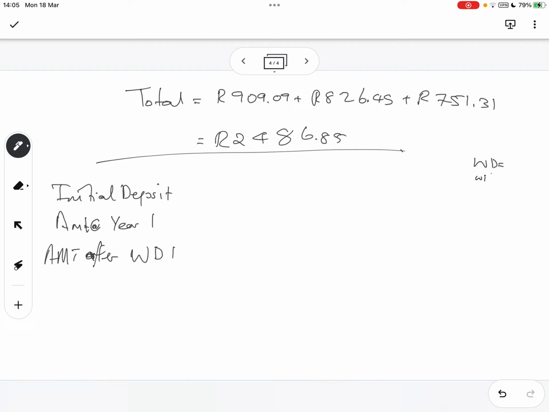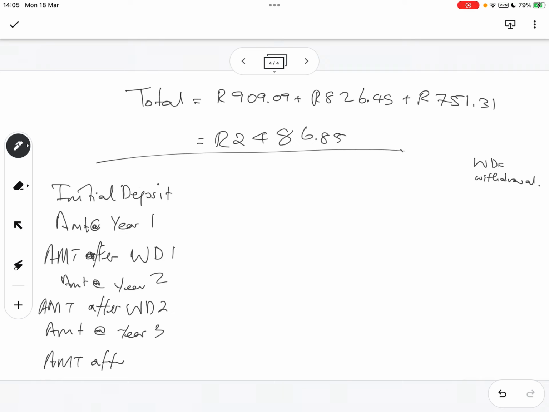So WG is withdrawal. Then amount at 2 years. And then amount after withdrawal 2. And then an amount after 3 years, at year 3, and an amount after withdrawal 3.